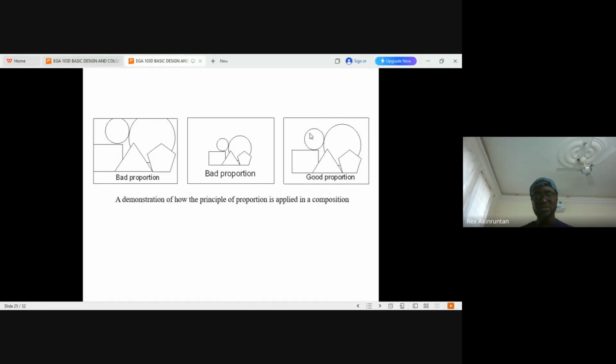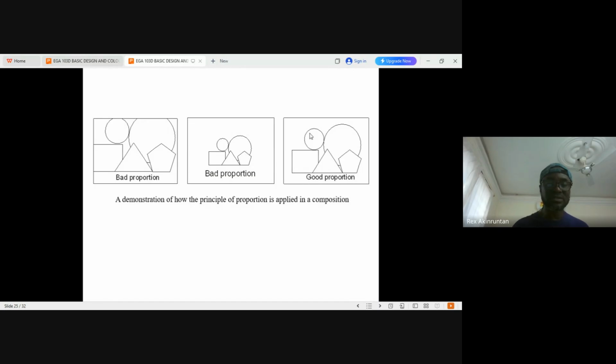Yeah, so this is an example of the proportion that we're talking about. We have the bad proportion, and we have the good proportion. By observing this, you notice that the work has been overemphasized to the extent that it has overshadowed the entire space within the surface of the rectangle shape.